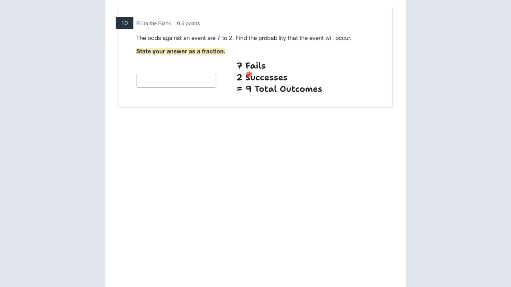That means the probability of our event is the successes over the total. In this case, the probability of our event is 2 over 9. State your answer as a fraction. Make sure you follow the instructions right here, right? 2 over 9.